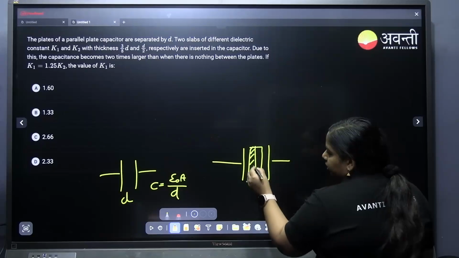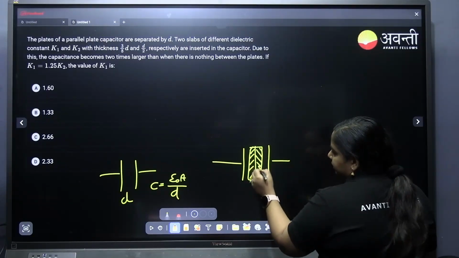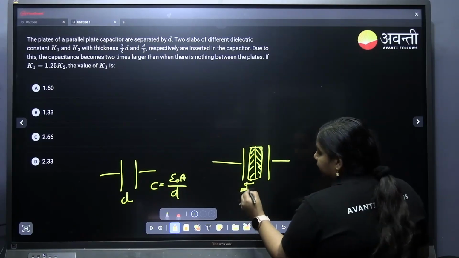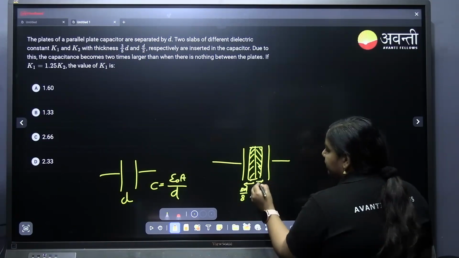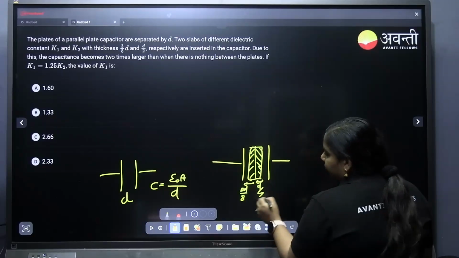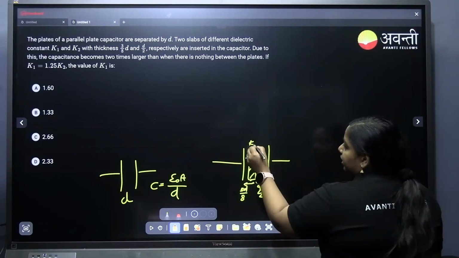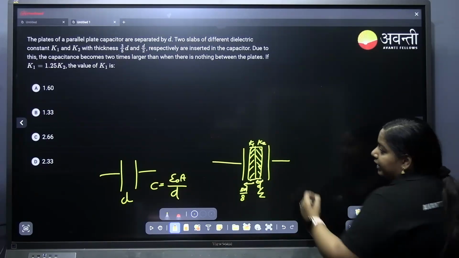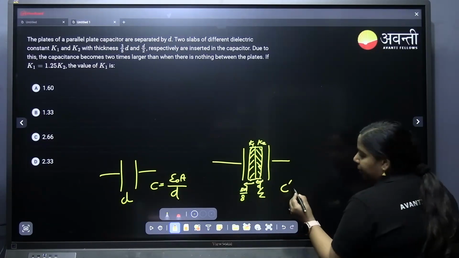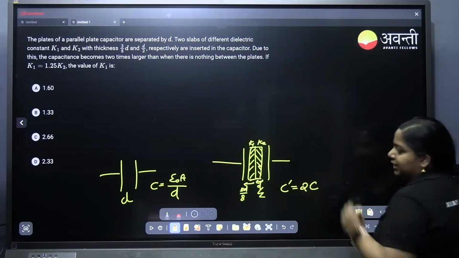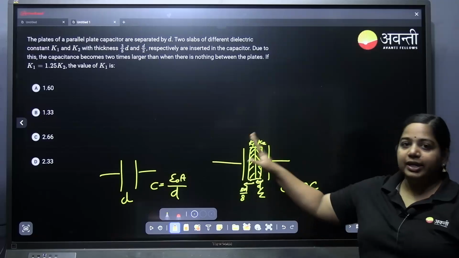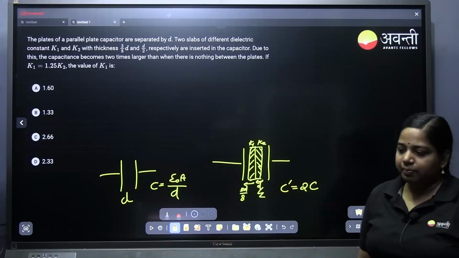One has thickness 3D by 8, another has thickness D by 2. One has K1, another K2. Now this one has a new capacitance, which is equal to 2C. They are asking for the value of K1. The relation between K1 and K2 is given.